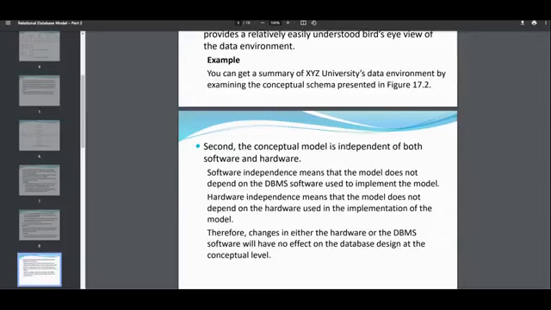It is not a new thing, only the word is new, and you can already understand what a conceptual model is. Independencies, I hope you know, you learned about different types of independencies: data independencies, structural independencies, and here we are talking about software and hardware independencies.